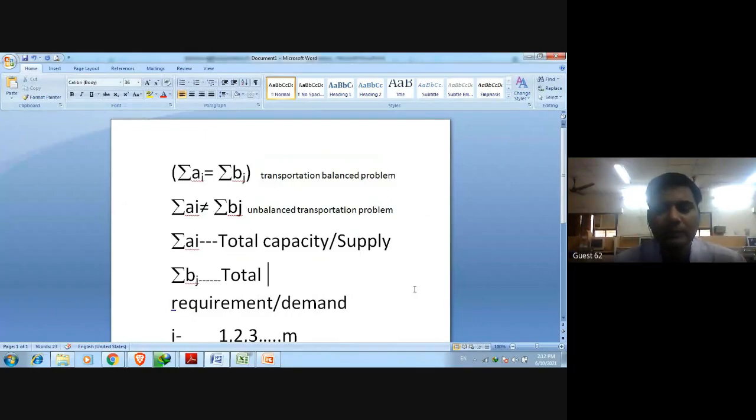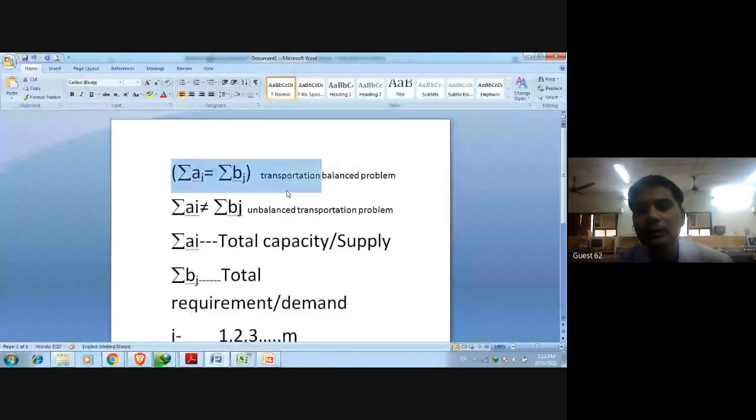In the previous lectures, you have seen how we can solve the balanced transportation problem by three methods: the NWCM method, the matrix minima method, also called the least cost method, and the third one, Vogel's approximation method, also called the VAM method.